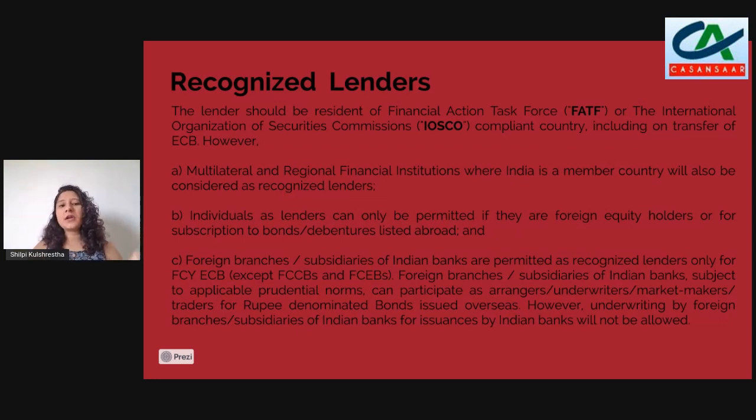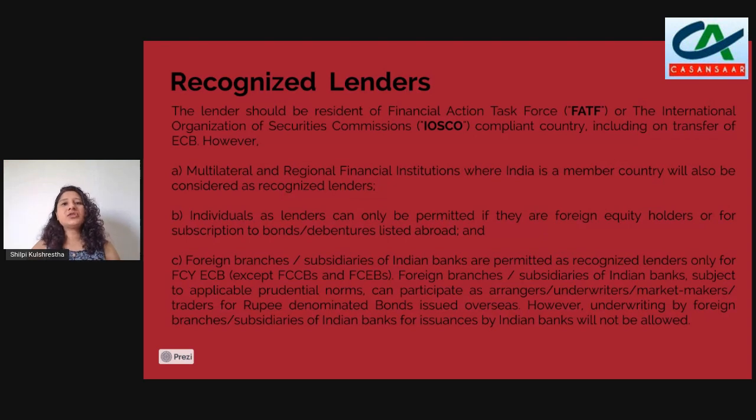If we talk about foreign branches or subsidiaries of Indian banks, suppose Canara Bank is the Indian bank, and Canara Bank has a branch in the USA. That branch is eligible to lend ECBs, and it is eligible to be a recognized lender for the purpose of external commercial borrowings.